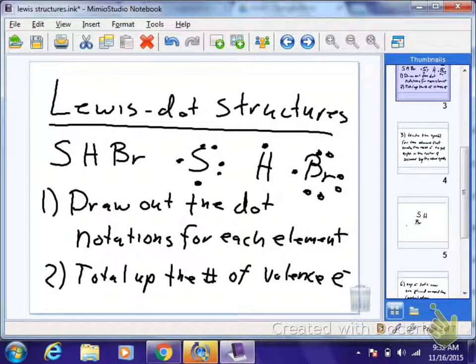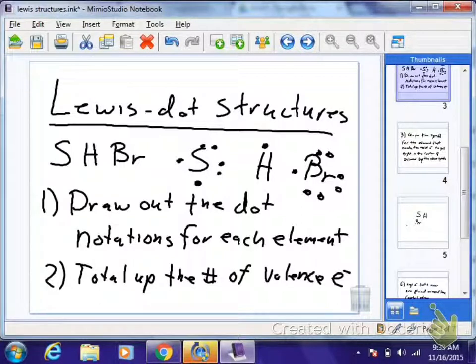It only needs 1 to get the shell of 2, because it's the only one that does not obey the octet rule. Bromine has 7. It needs 1 to get 8. So sulfur needs 2, then it goes in the middle. If you had something up here and it had 5 electrons around it, and it needs 3, that would be your center one.